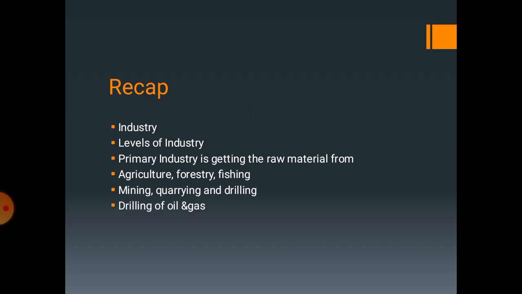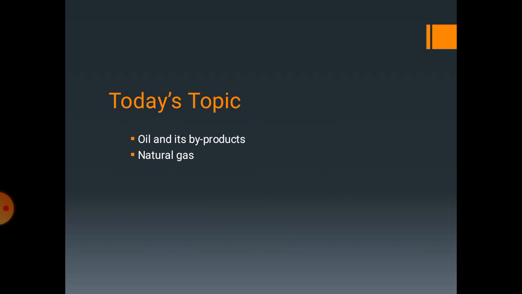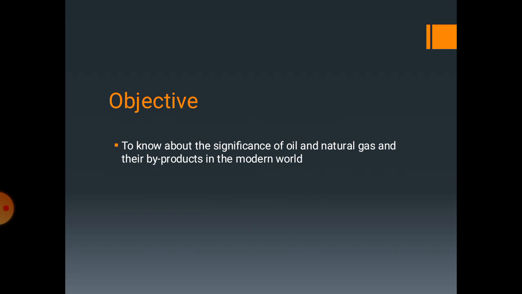Similarly, we also discussed the method of drilling of oil and gas. So today we will talk about oil and natural gas and their byproducts, so you will be able to know about the significance of oil and natural gas and their byproducts in the modern world.